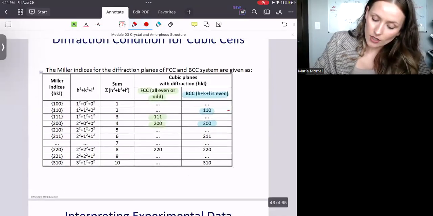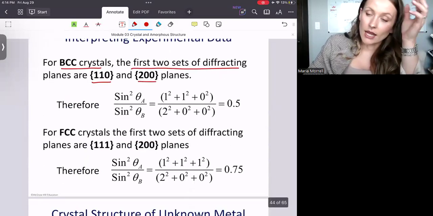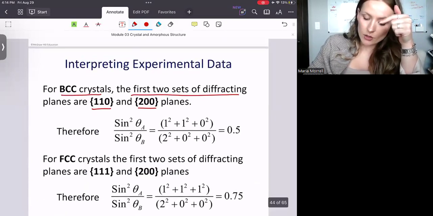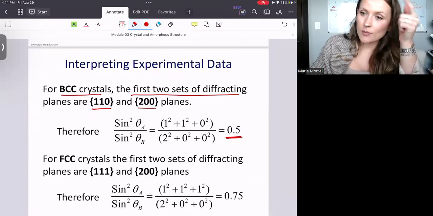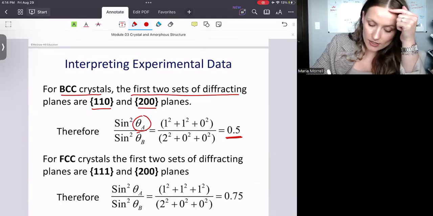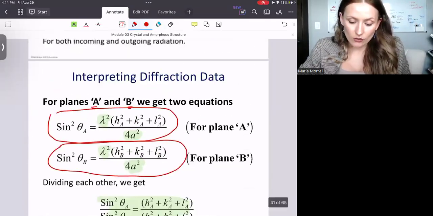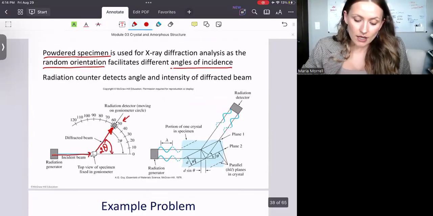Keep in mind the sum is even. If you plug in and do the math, you will see that the ratio is supposed to be 0.5. Keep in mind, guys, these angles are something that you can easily measure, and hopefully you recall that from this sketch.